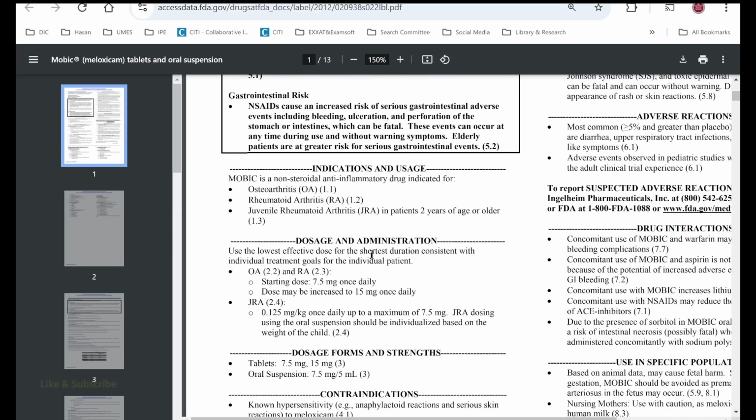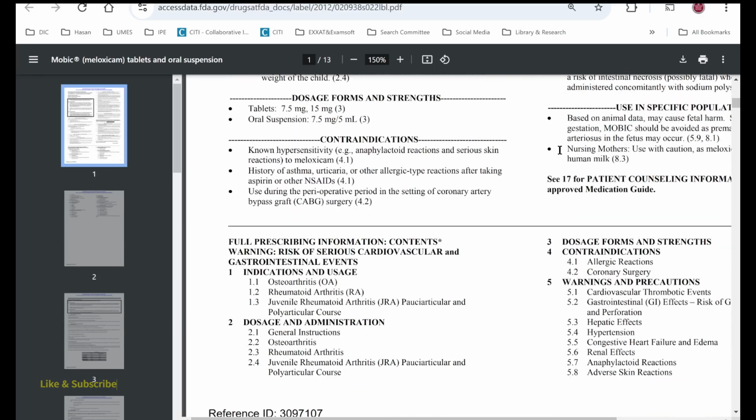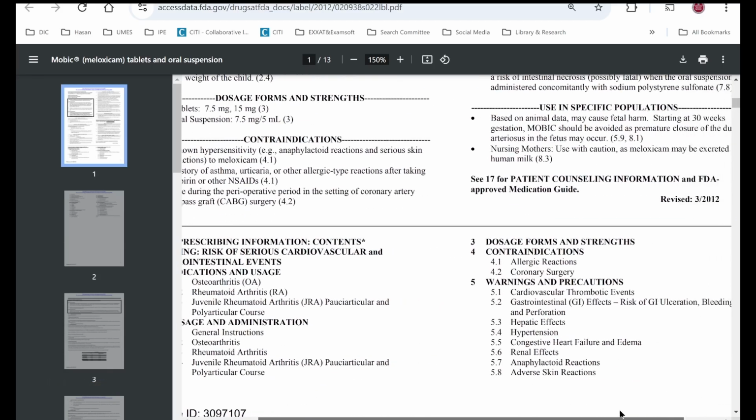Dosage is available as 7.5 milligram once daily and 15 milligram once daily. This medication is used for osteoarthritis, rheumatoid arthritis, and juvenile arthritis, and we can use it for 2 years of age and older. So this is important information about Meloxicam.